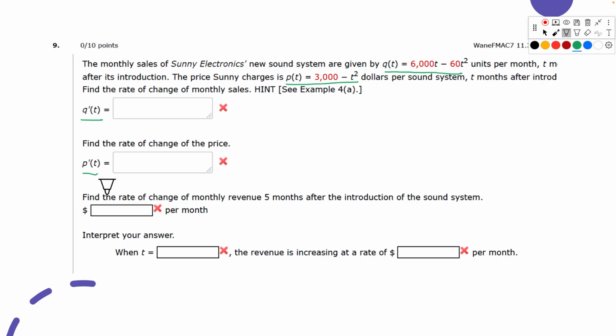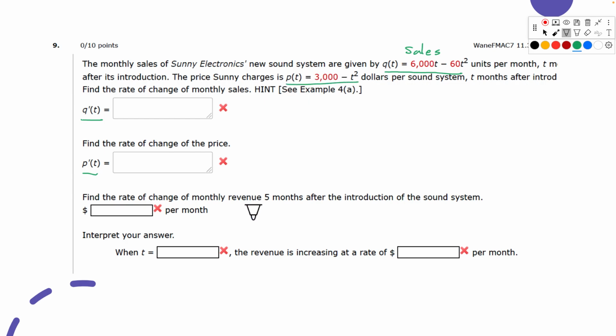And then they're going to ask us to find the rate of change of monthly revenue 5 months after the introduction of the sound system. So what's going on here? Monthly sales of the sound system is given by this, the number of sales in units per month.